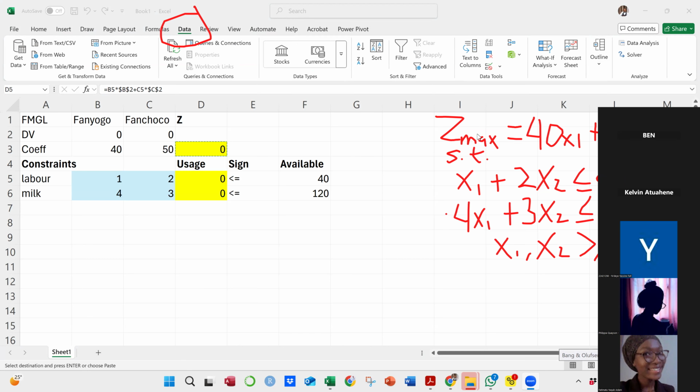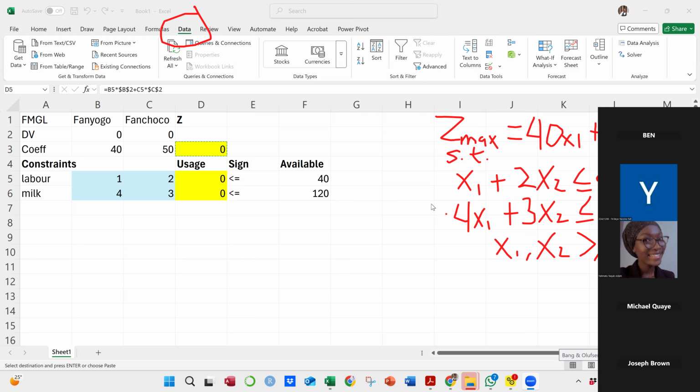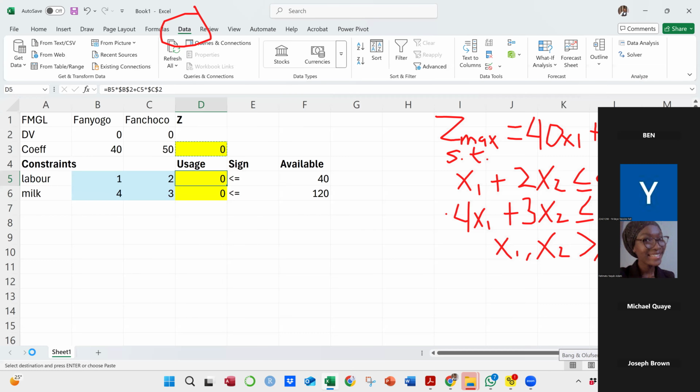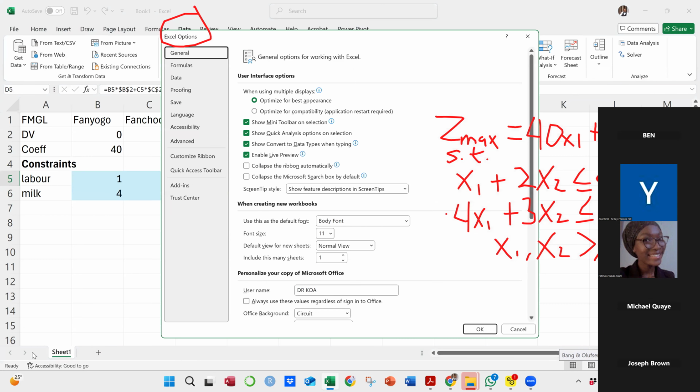Okay, for those of you who don't see Solver, follow me. I'll show you how to see Solver in the next 3 minutes. On the top left, click on File. Select Options or Excel Options. Last but one, on the far left, select Add-ins.